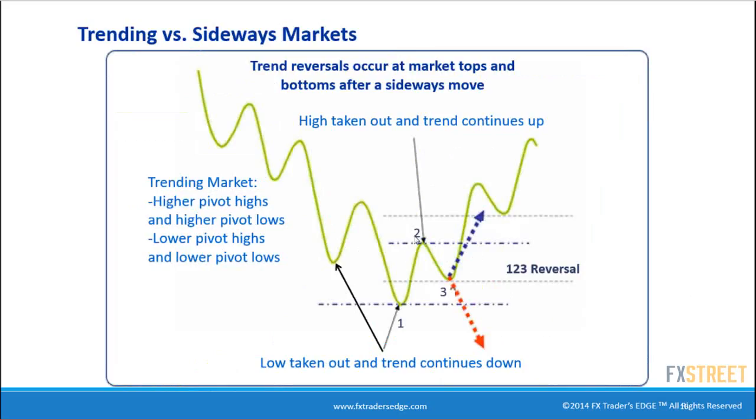What happens at the end of a trend? First, let's back up. Let's talk about trends. A downtrend is lower highs and lower lows. As a trader, you want to get in at these points right here. So you want to think sell on strength. It's a little bit counterintuitive. Why?